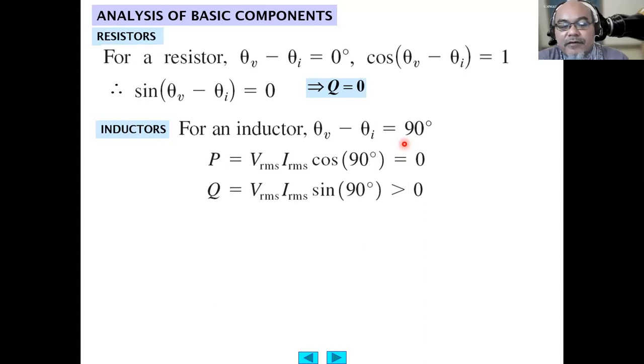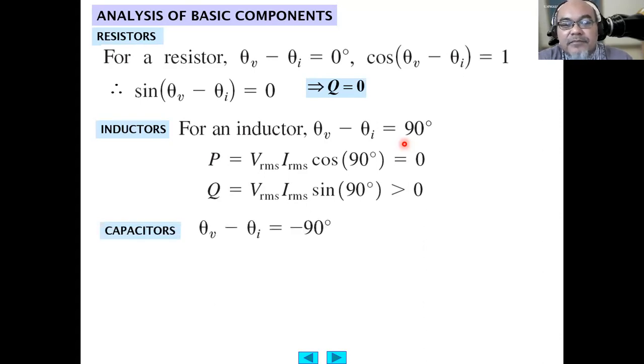The reactive power, on the other hand, is due to the inductive reactance. It equals VRMS times IRMS sine 90 degrees, and sine 90 degrees equals 1. That's why it will be equal to VRMS times IRMS, and the reactive power is larger than 0.